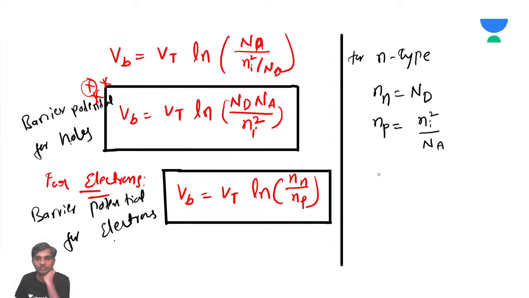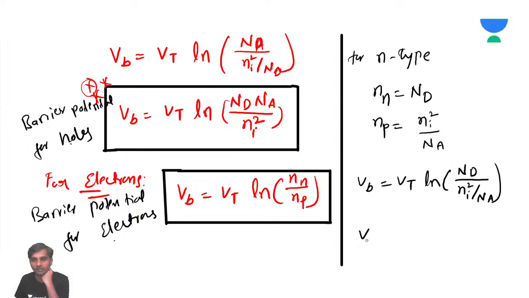So this Vb is again going to be Vt into ln of Nd by Na square by Na. So again you will get the barrier potential Vb is going to be Vt into natural logarithm of Nd Na by Na square.